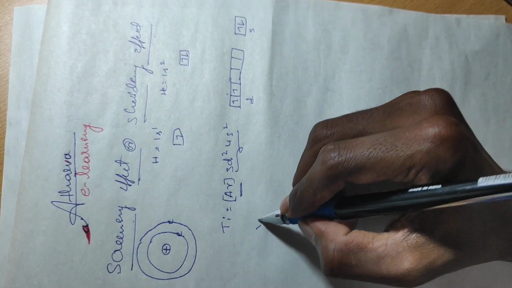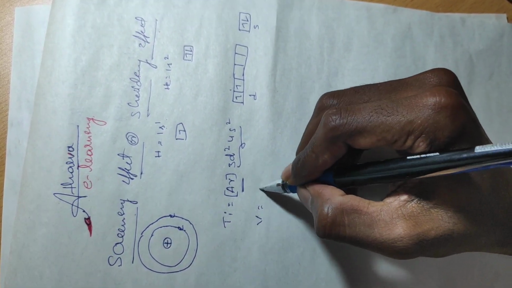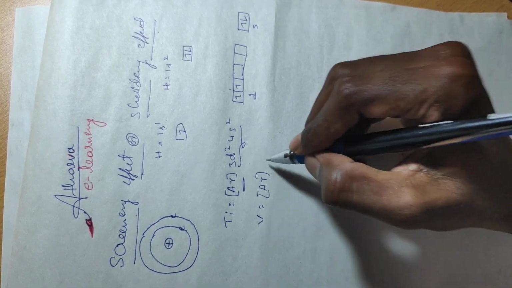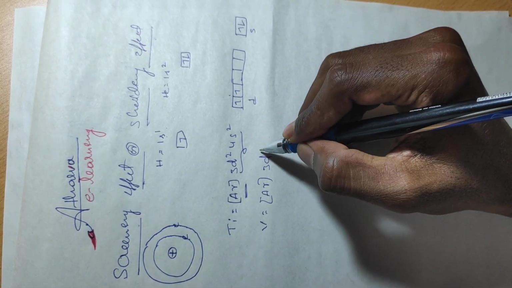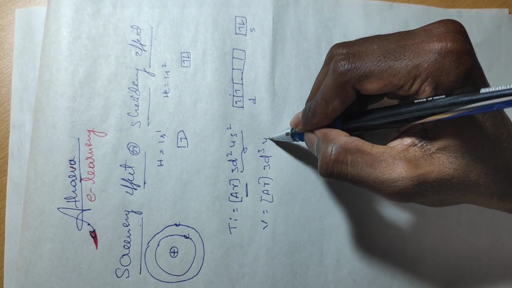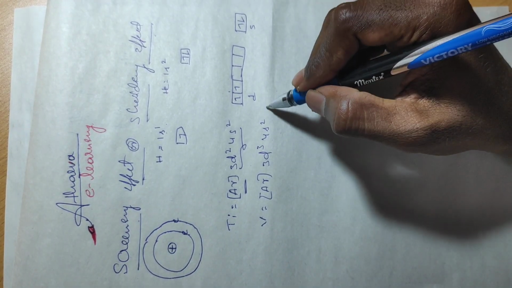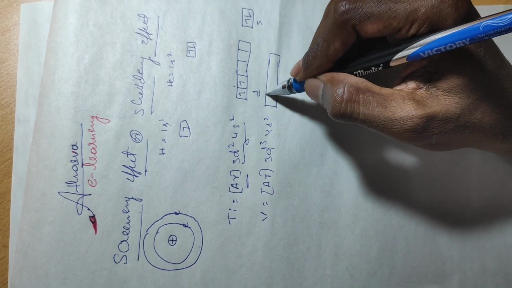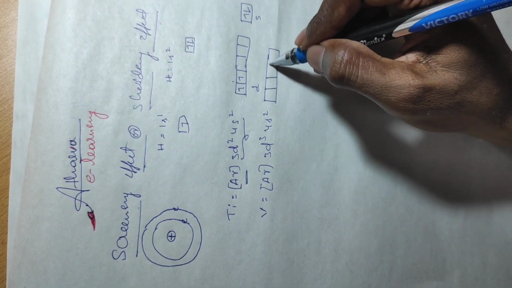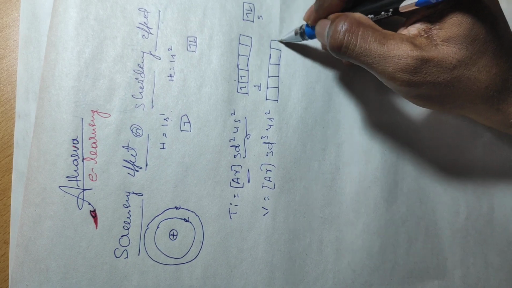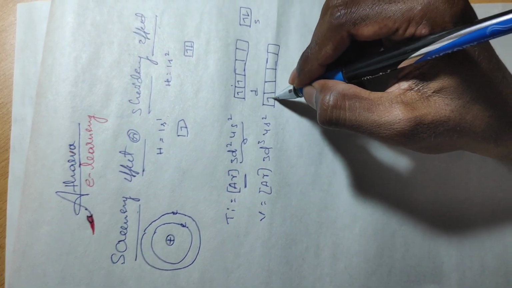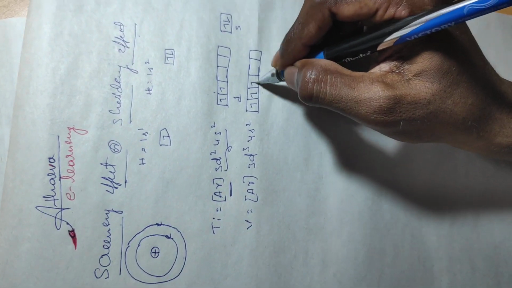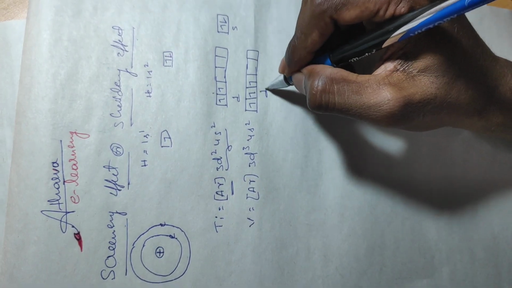If you consider vanadium, it has argon 3d3 4s2. So how will the electrons be filled in the orbitals? Like 1, 2, 3. Why will it be like this?